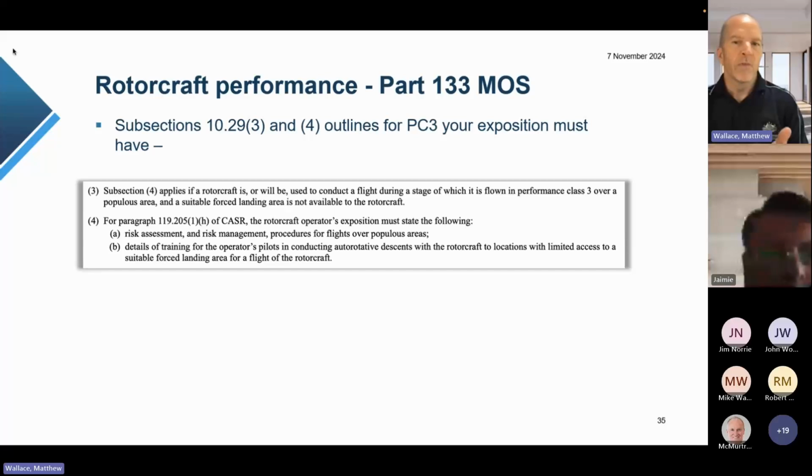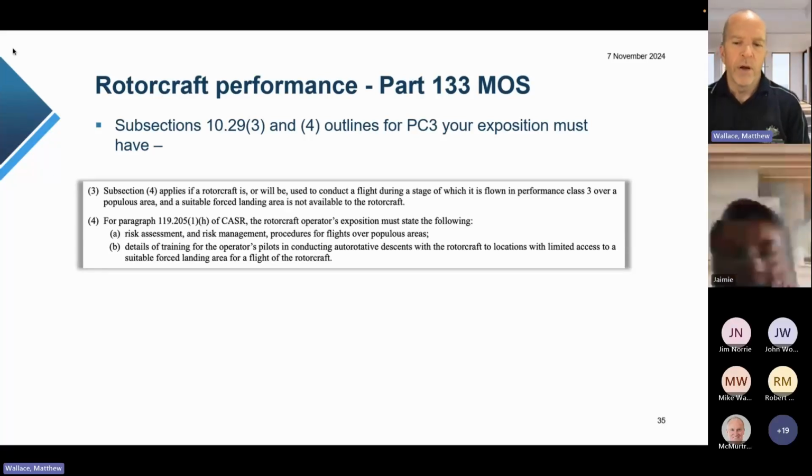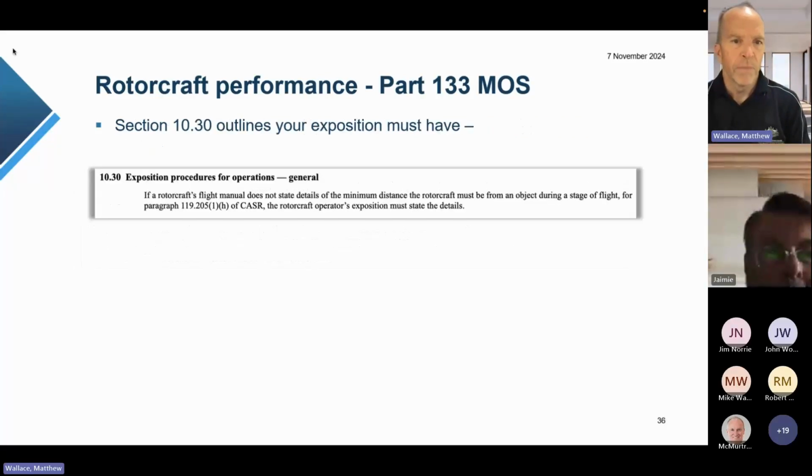Again, just going back to what I said before, we're just saying the pilot is trained appropriately for the conditions we're expecting. And lastly, the rotorcraft flight manual doesn't have details of minimum clearance, so the adequate vertical margin, then you have that distance outlined in your operator's exposition.